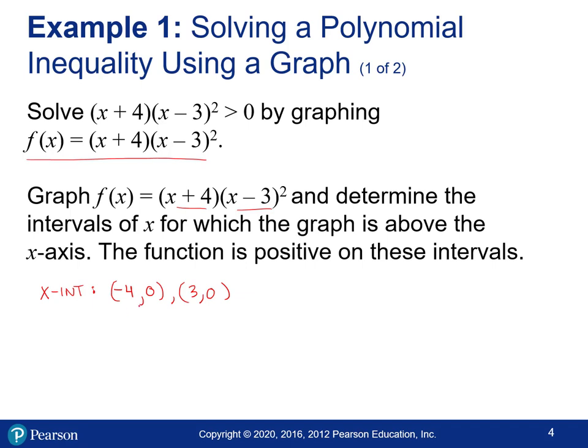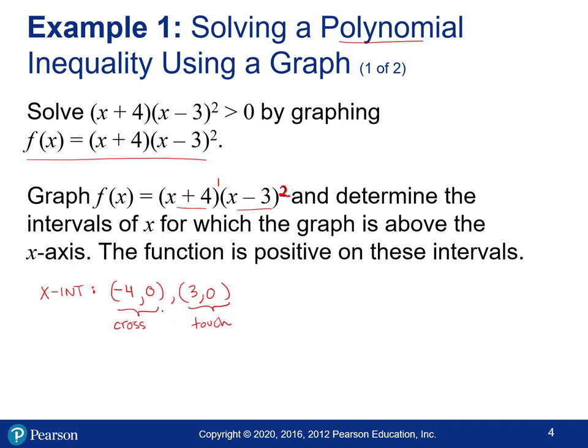And if you notice, the multiplicity on this factor for this real zero is an invisible 1, so this is going to be what's called a cross point. We're going to cross through this point. And then the multiplicity here is 2 on this real zero, and so that one is an even multiplicity, and we call that a touch point. These are all things that we previously learned on graphing polynomial functions.